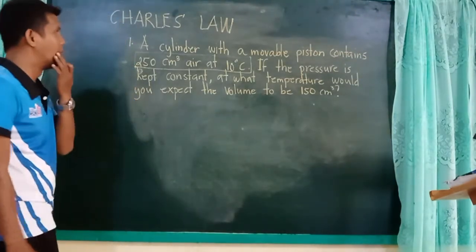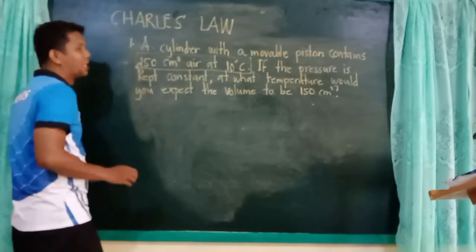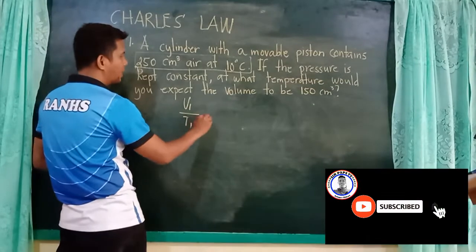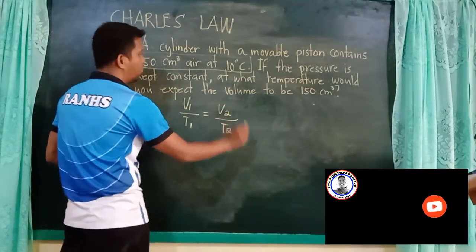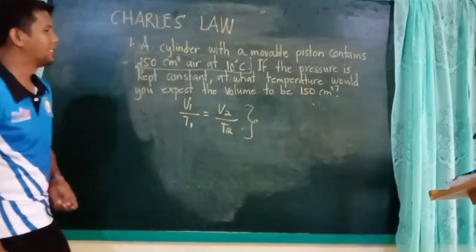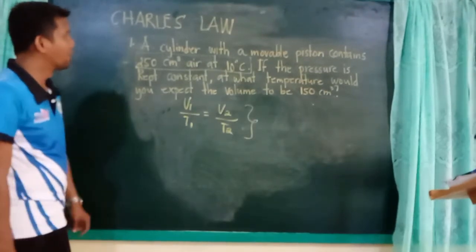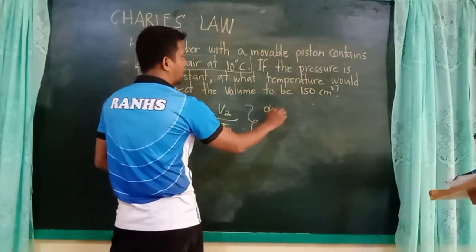Now, the formula we are going to use for this problem, Charles' law, is V1 over T1 equals V2 over T2. This formula suggests that we have a directly proportional relationship.